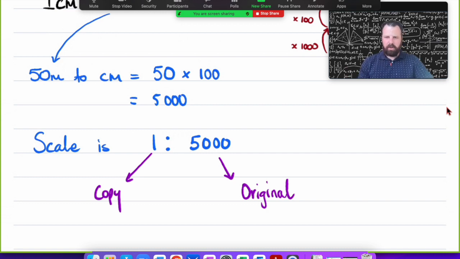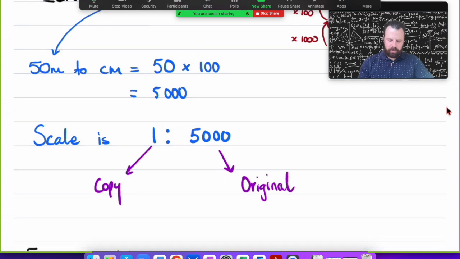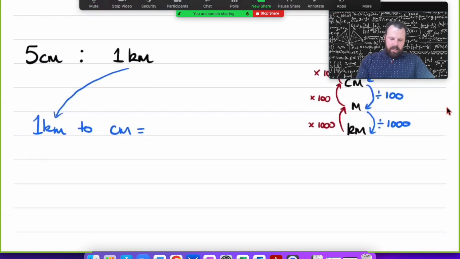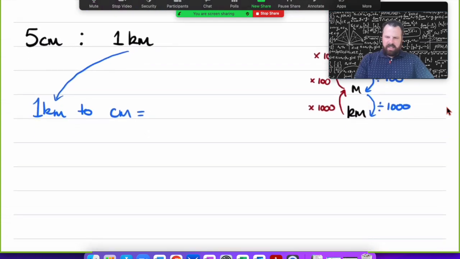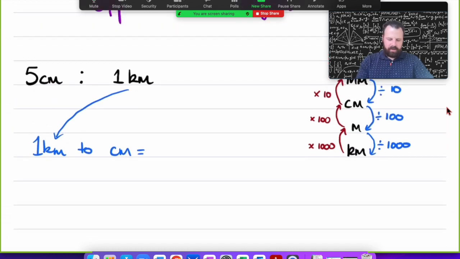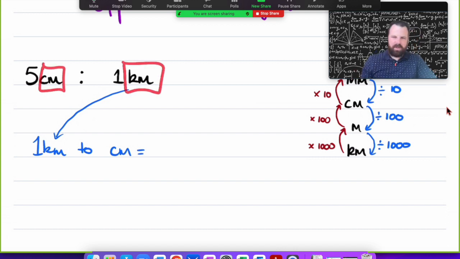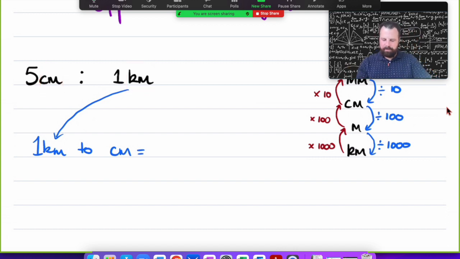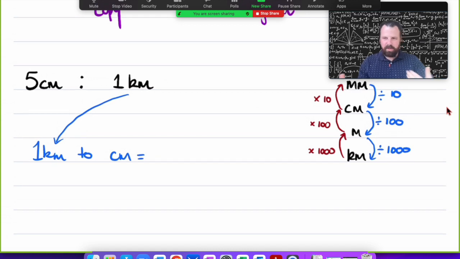Let's go through a couple more examples. Let's simplify 5 centimeters to 1 kilometer. Notice this one's in centimeters and that one's in kilometers, so I need to make them the same. I'm going to change kilometers to centimeters. On the right-hand side, from kilometers to centimeters, I've got to go up and up.